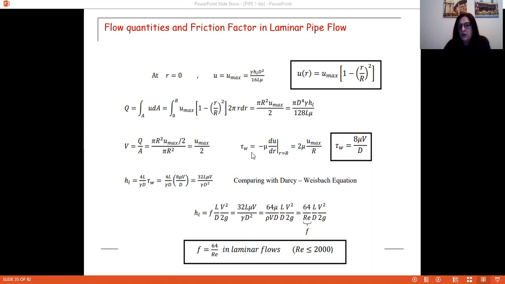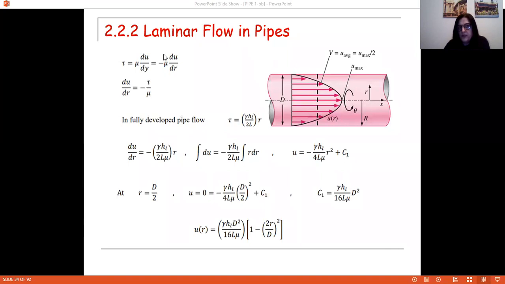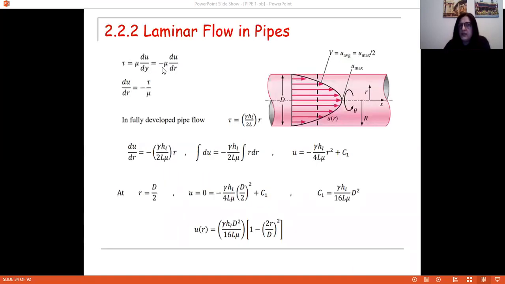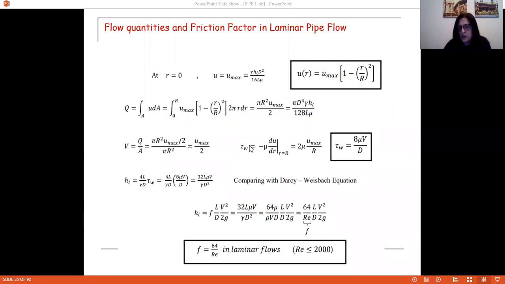And tau wall is minus mu del u over del r from this relation. When r is equal to capital R, we know that shear stress is named the wall shear stress. So wall shear is calculated by that.